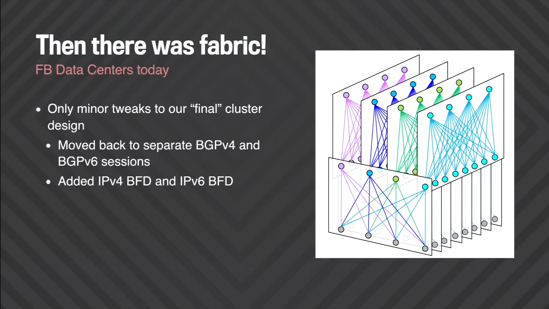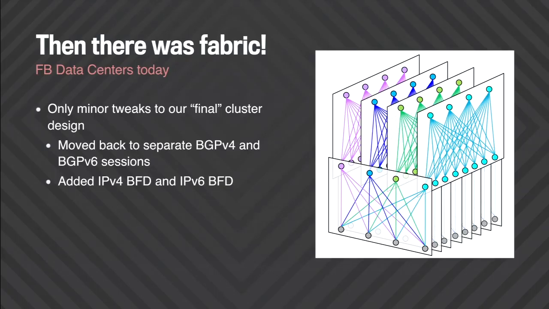We like having the difference between BGP v4 and BGP v6 from a troubleshooting perspective. It's two different planes. It's two different protocols. Clean. Wonderful. And now in Fabric, we don't have to worry about the number of BGP sessions. We have significantly fewer neighbors on a per device basis. It scales, it works, so we moved back to separate BGP v4 and v6.